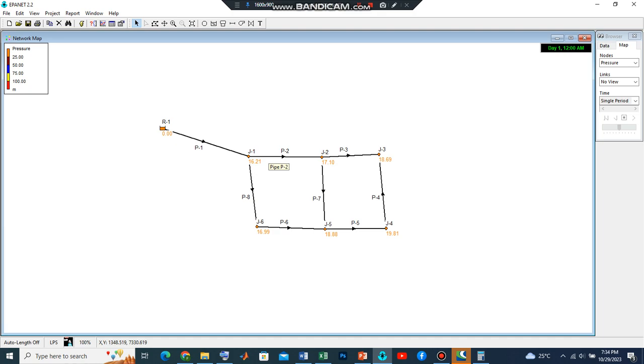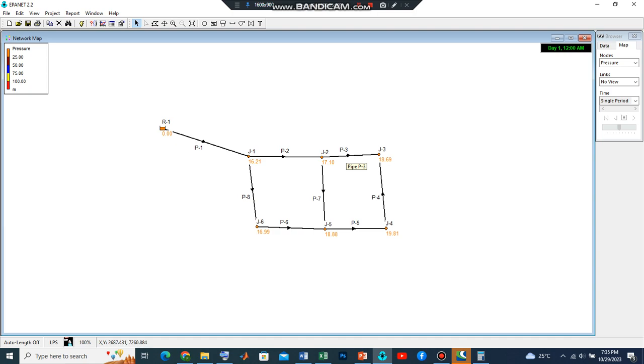Now there's something else we must understand. The relationship between pressure and velocity is such that high velocities usually lead to pressure drop, while lower velocities can result in pressure increase. They are also related to the pipe sizes.